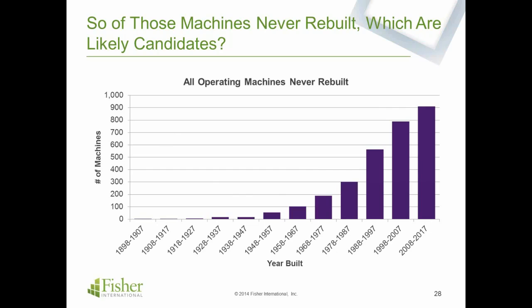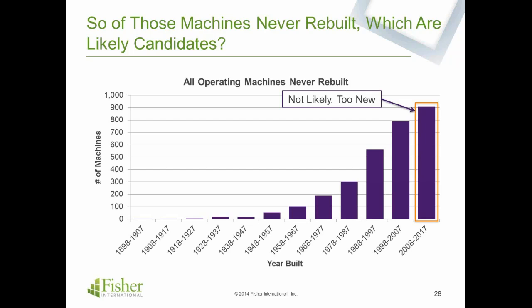So, if we're starting to think about how we can forecast or predict which machines are likely to be rebuilt, let's start putting some of those pieces together. So if we look at all of those machines globally that have never been rebuilt, which ones are most likely to be rebuilt? Well, as I mentioned, these ones that are newer, that are less than 5 years old, probably not real likely to be rebuilt today.